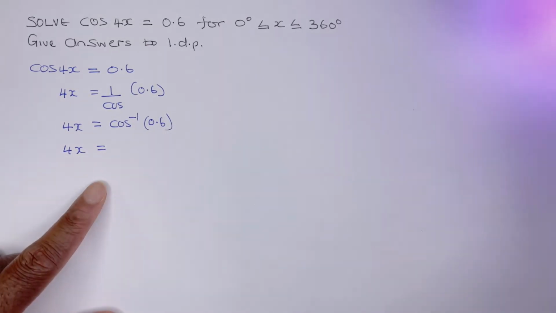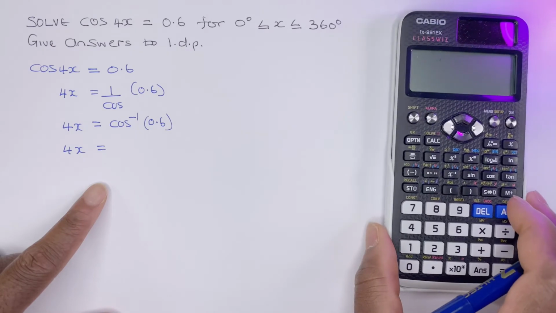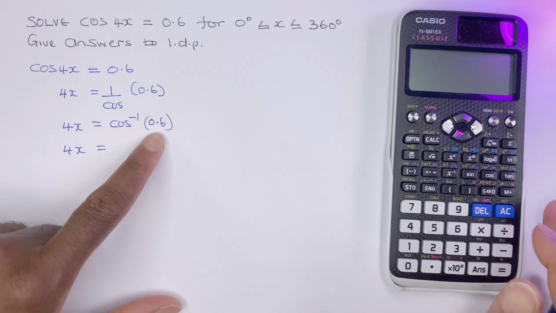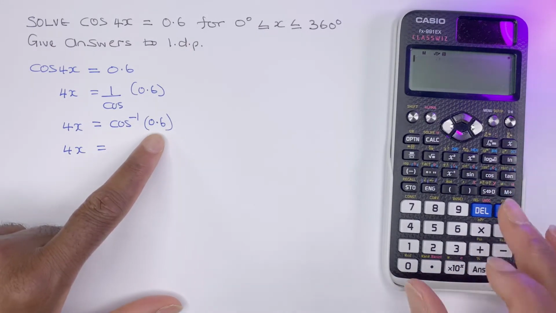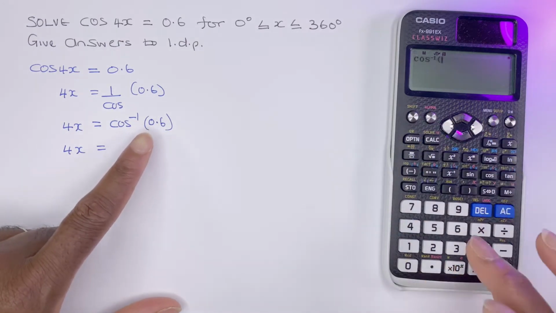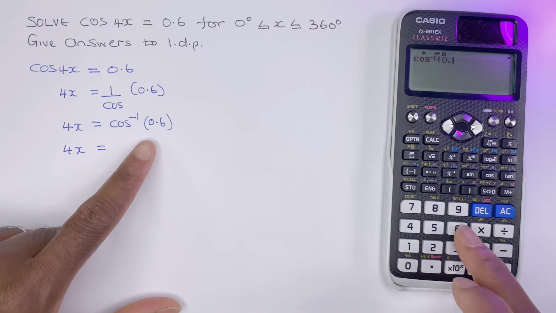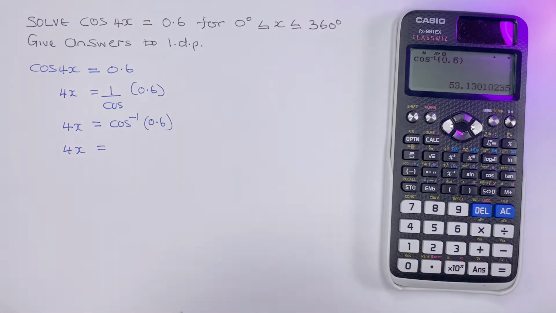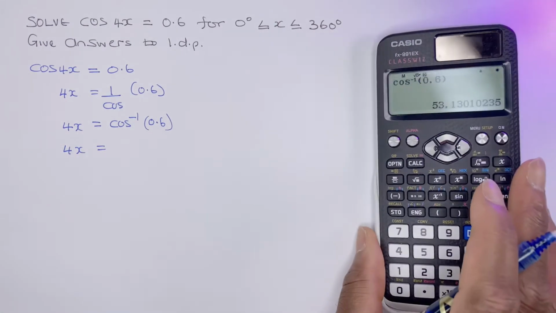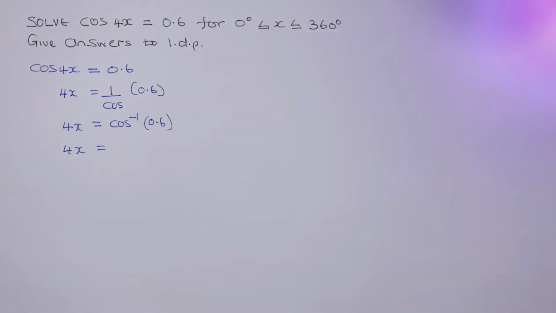If I bring the calculator in, I just want to look at the inverse cos of 0.6. Turn the calculator on, shift cosine, 0.6, and you get 53.1. So 53.1 degrees is what we got.